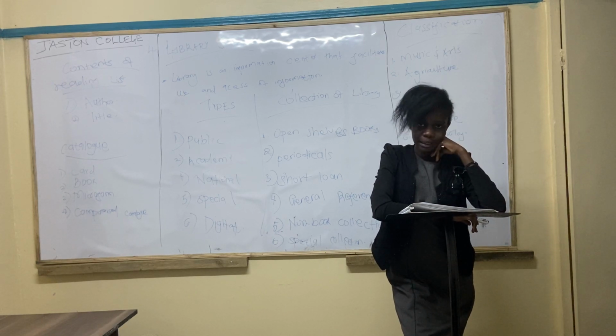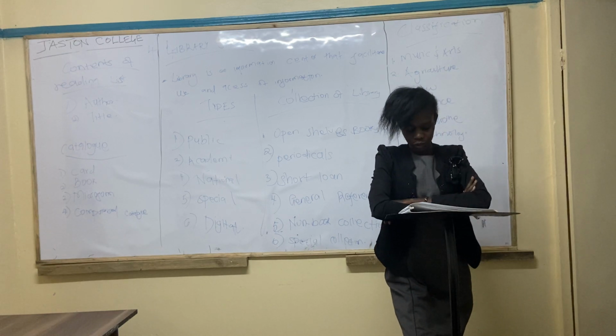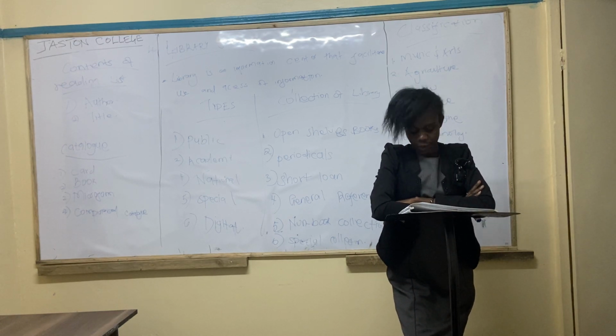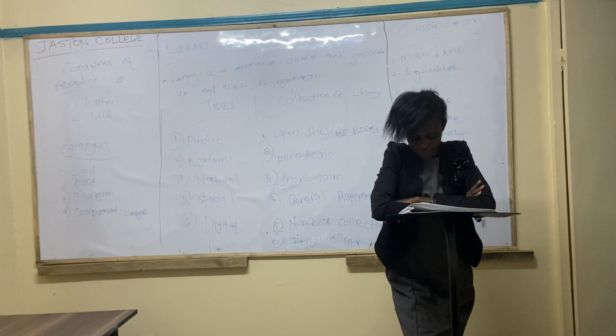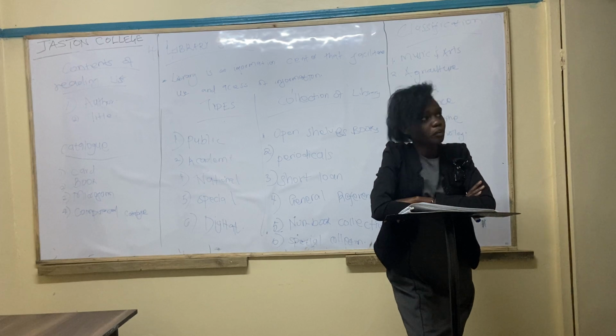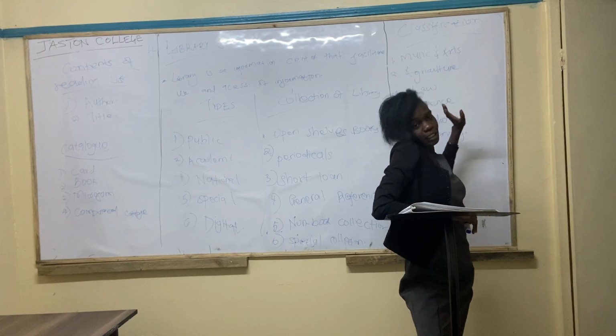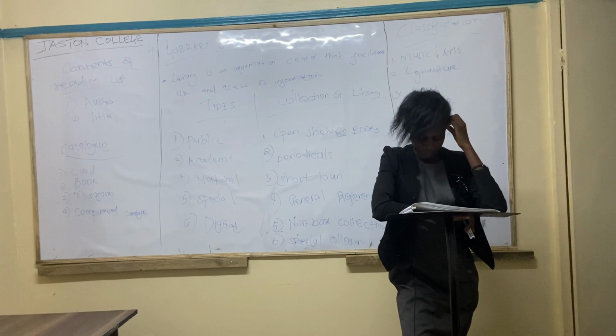A computerized catalog is where a library stores bibliographic records in a computer, such as information on agriculture and law, all stored in a computer.